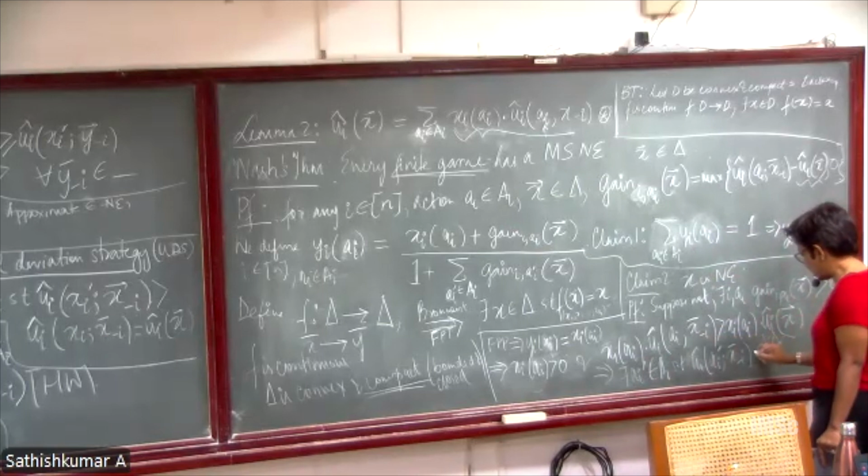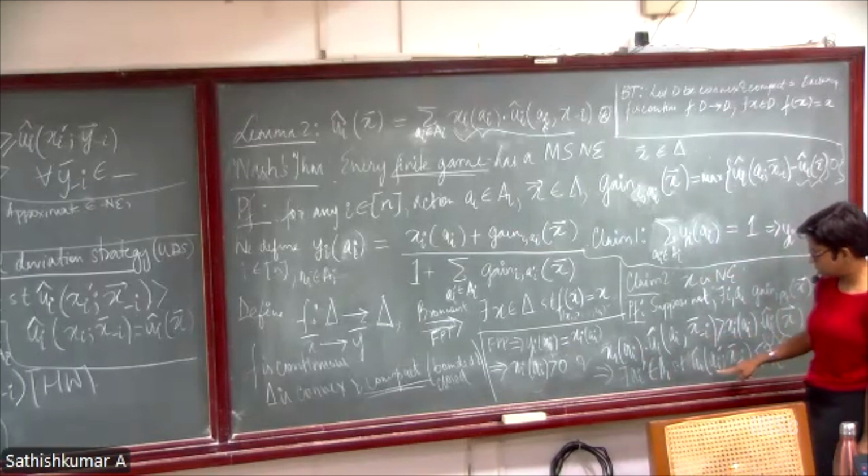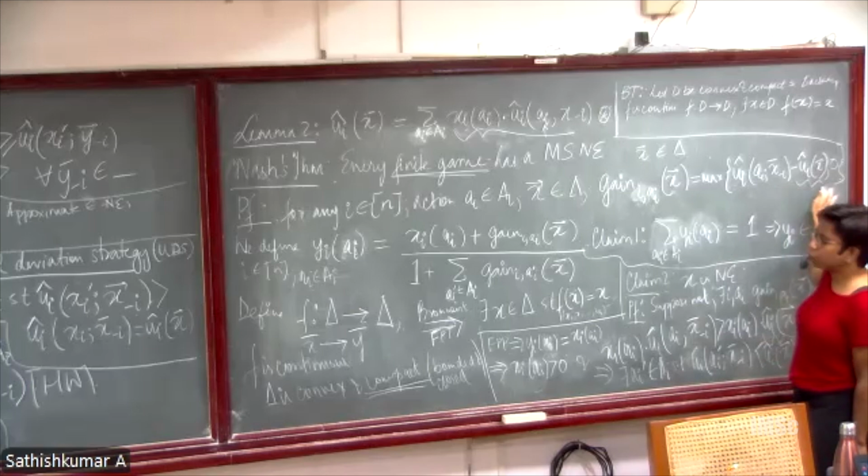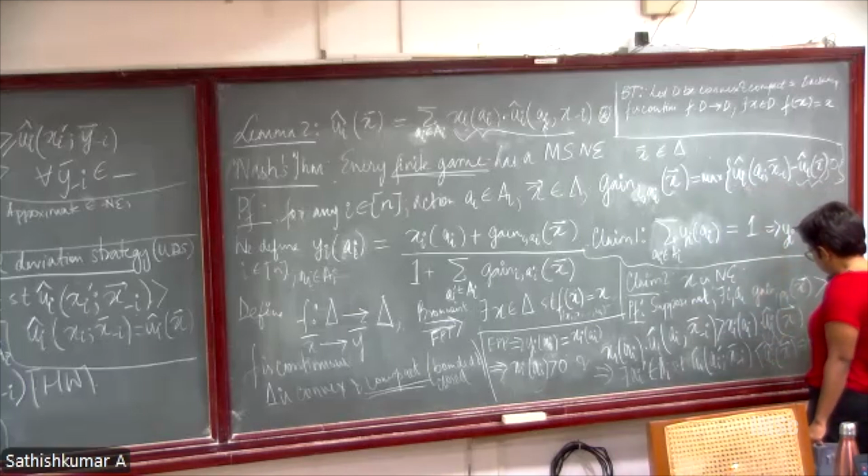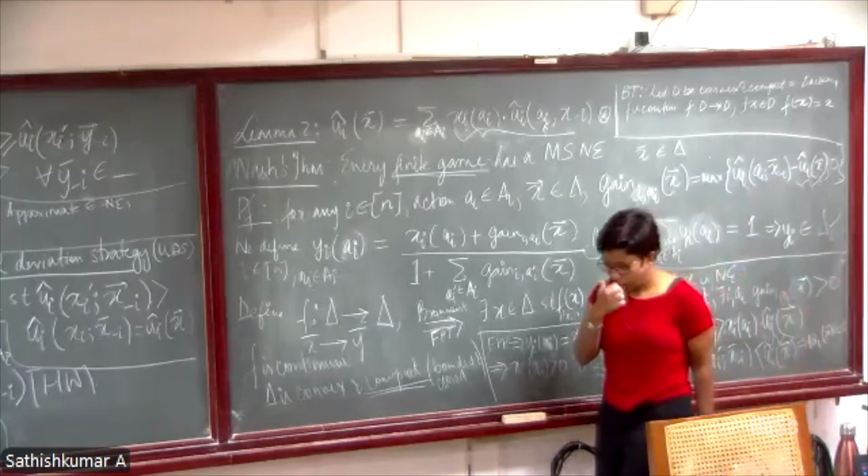But then it means a_i prime for this player i contributes 0 to the gain, right? Gain with respect to a_i prime is 0. Now, what can we say?